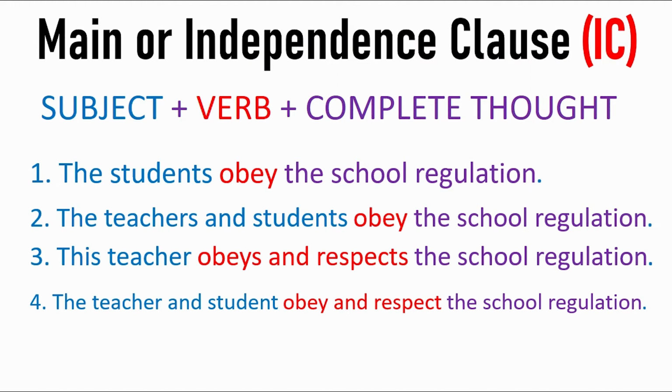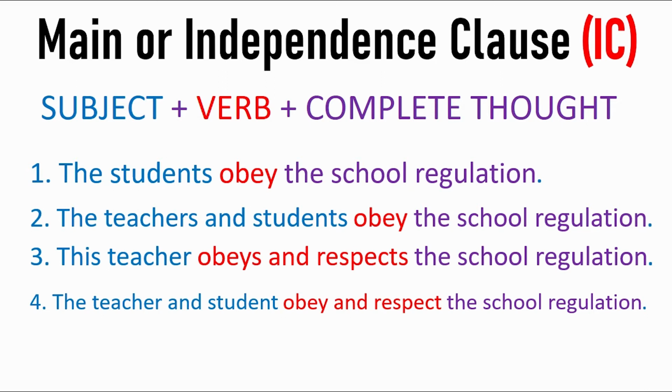Like sentence number 1, we have one subject plus one verb and complete thought. Sentence number 2, we have 2 subjects, teachers and students, and one verb. In sentence number 3, we have one subject and 2 verbs, obeys and respects. Number 4, we have 2 subjects and 2 verbs and one complement.